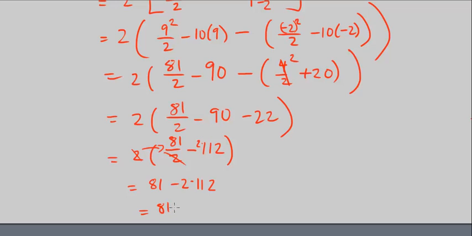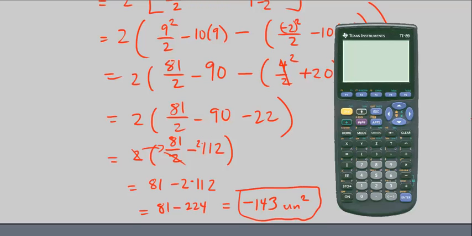That's 81 minus 224, and that's equal to negative 143 units squared. Okay, let me check that, just make sure I know how to add and subtract. 81 minus 224, negative 143.